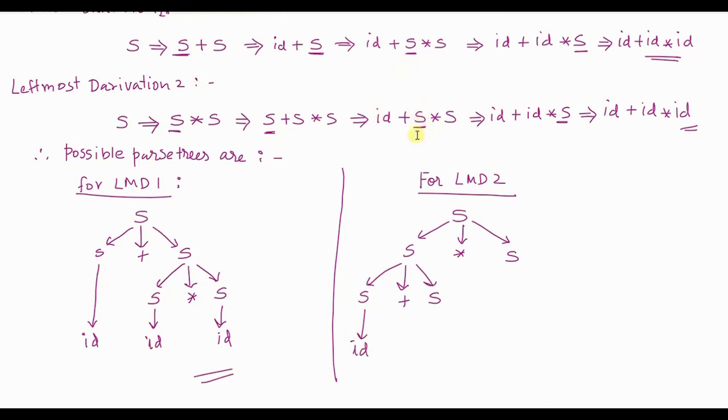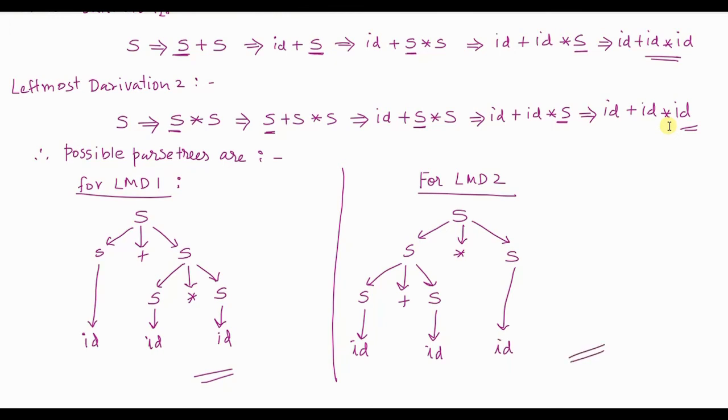Then the next leftmost element was again converted to ID. So you got ID plus ID into S, and finally the leftover S was converted to identifier ID.